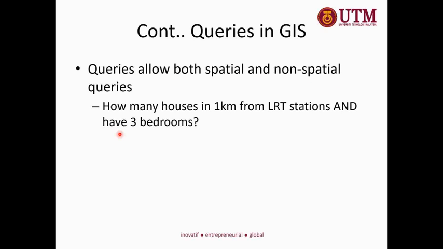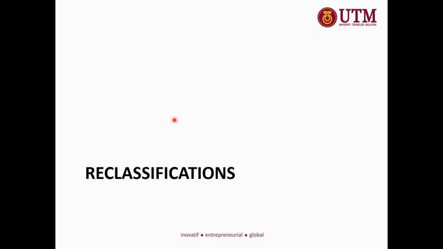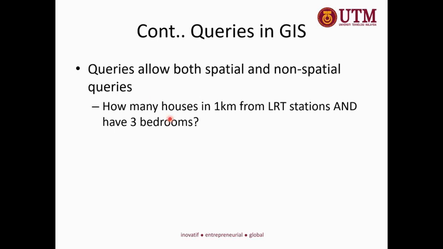We can combine both in one question: how many houses are within 1 kilometer from the LRT station and have 3 bedrooms. The 1 kilometer is the spatial part, and the second one only has attribute information. So queries in GIS support this kind of analysis. That's not really simple, and we will do these queries later in our lab exercise, hopefully.